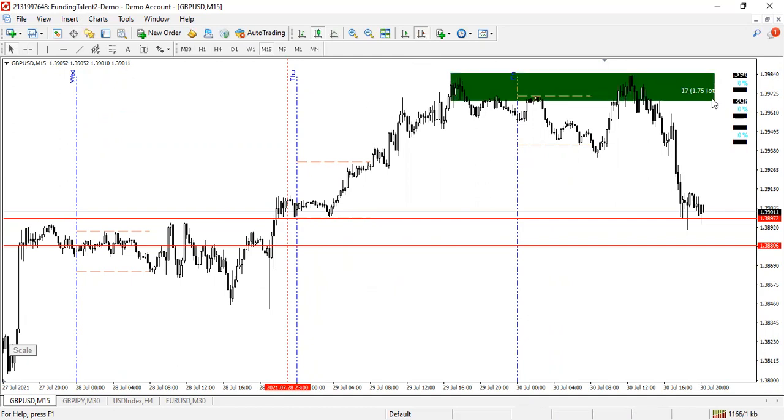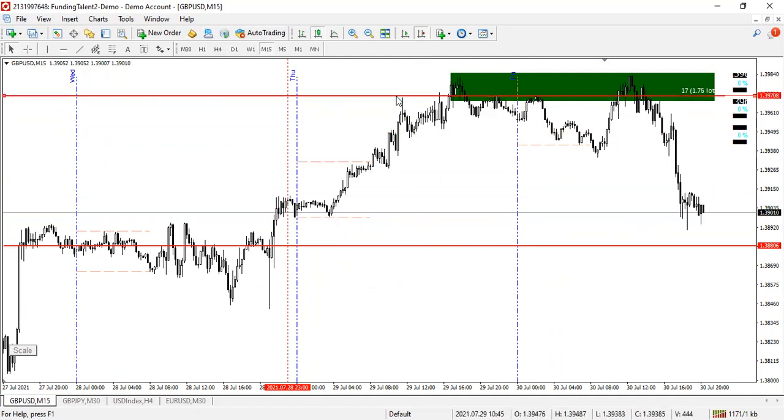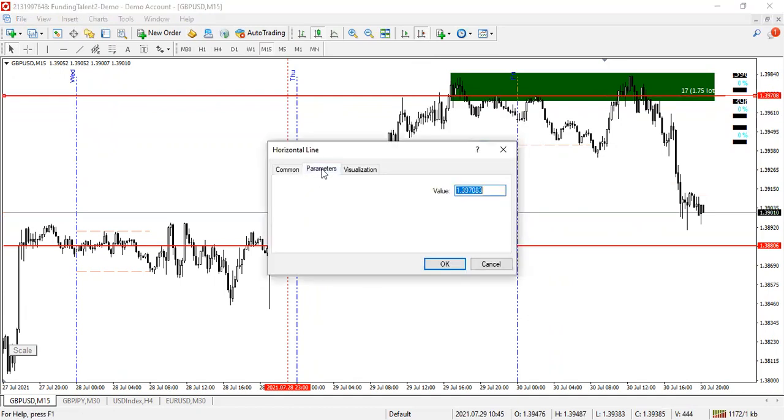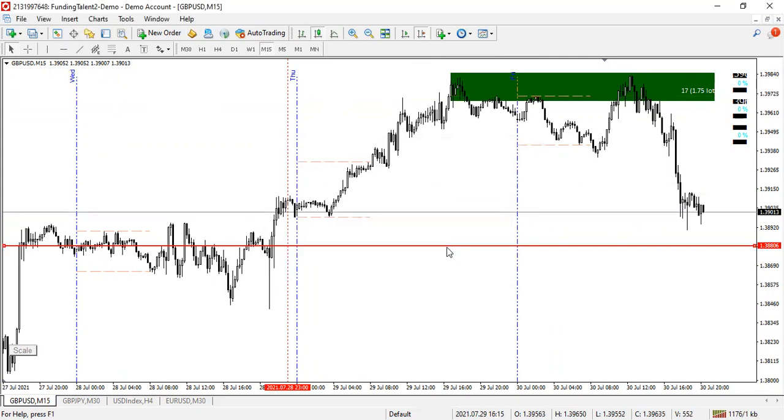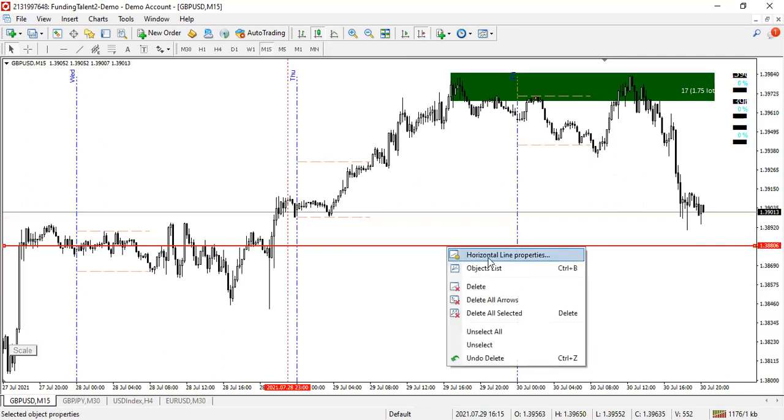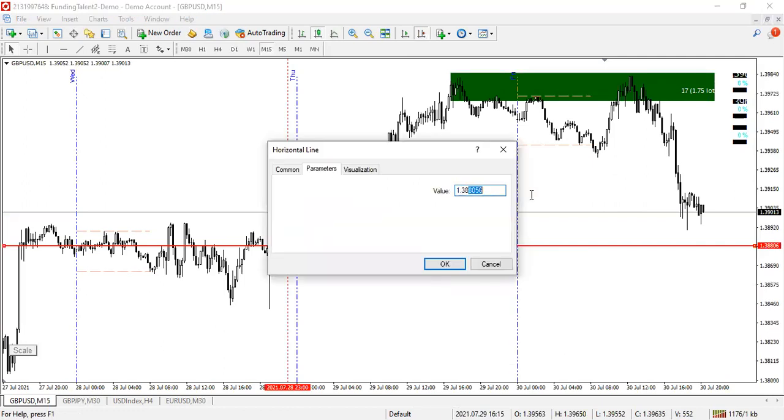They created this supply zone on 29th here, okay? And it was quite an important zone. Let me see, there should be a big round number in that area. Let me see, this is 39.75, 1.4 from this, it's not near. Let me try 39.50.